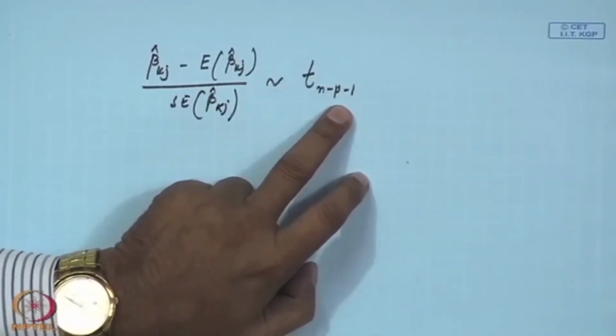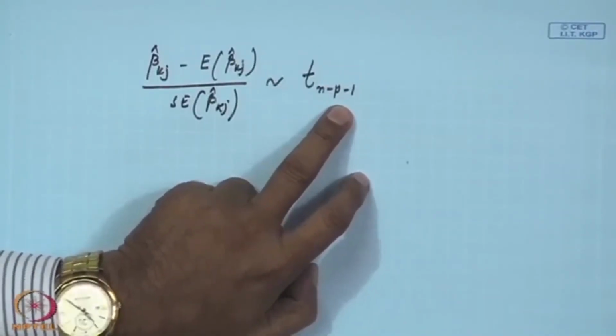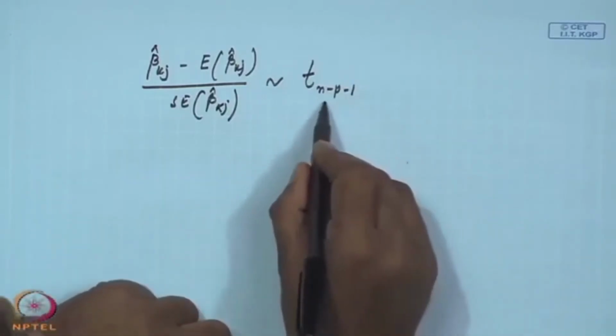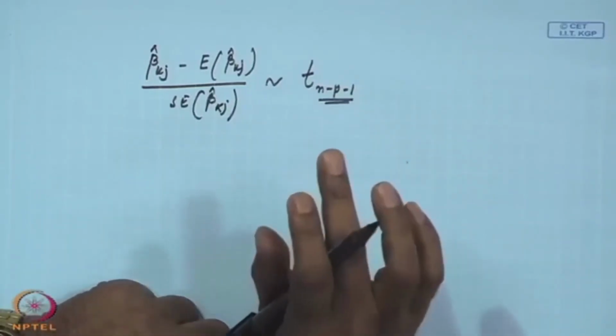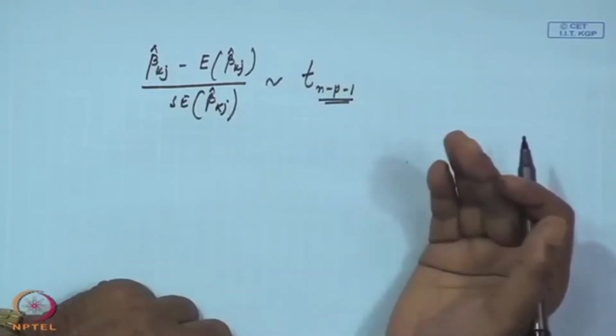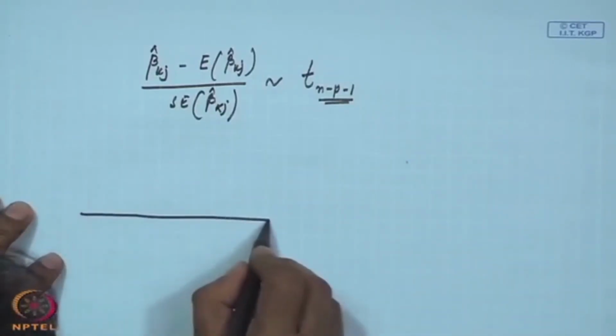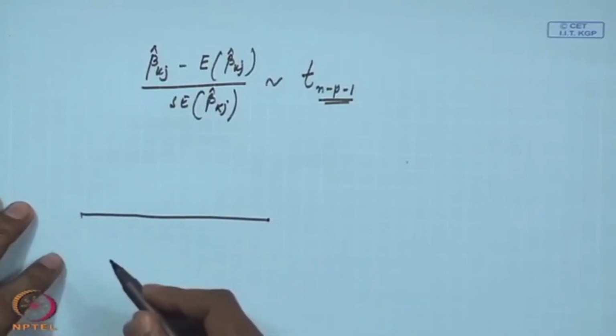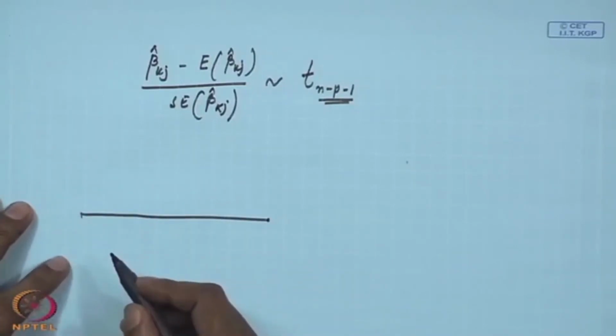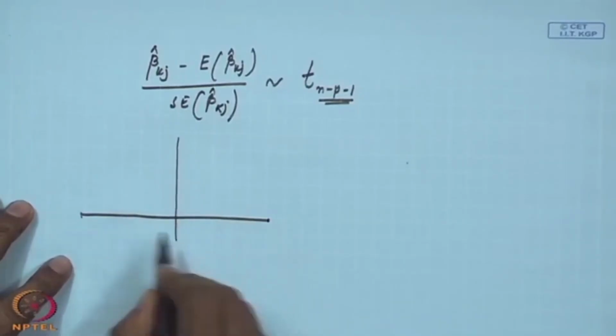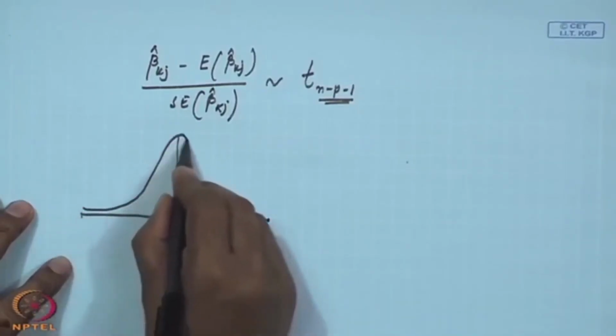Earlier also we have seen n minus p minus 1 in the MLR case, because the x side remains the same in MLR as well as this case. I think this does not require discussion here, because if you follow my earlier lecture on MLR, you will find the same thing.